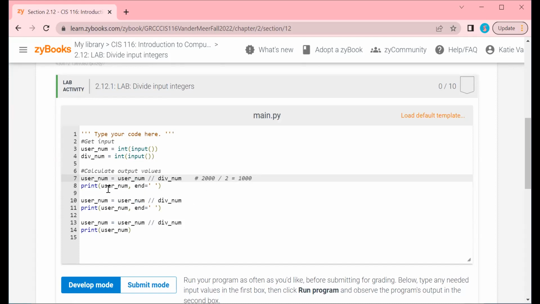So now when I print user number, this line is going to print 1000.